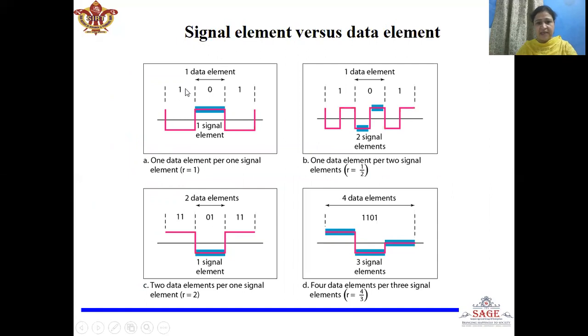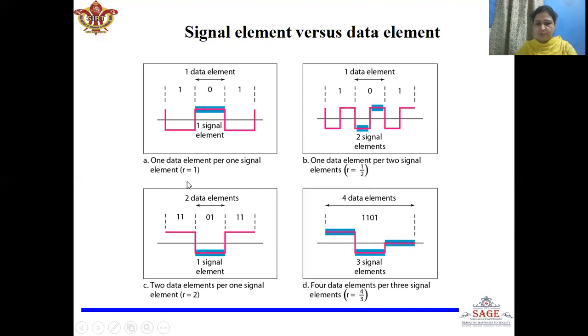Here we can see the difference between the signal element and the data element. In the first figure, the data element bit 0 is represented by a high voltage level, whereas bit 1 is represented by a low voltage level. That is, there is one data element for one signal element.